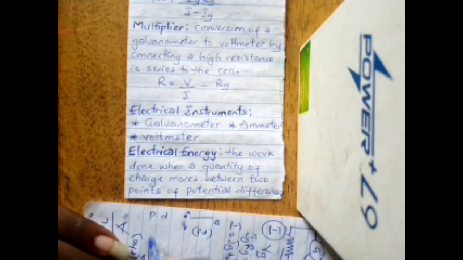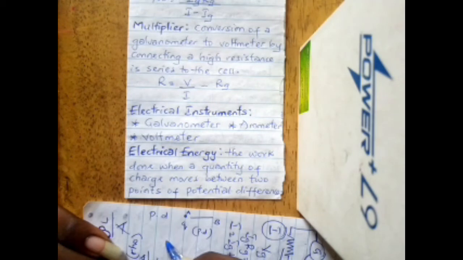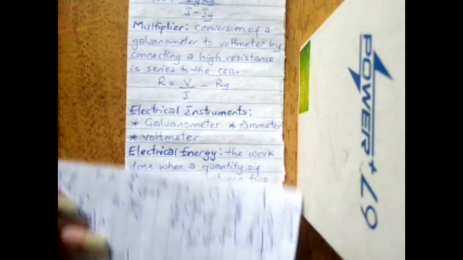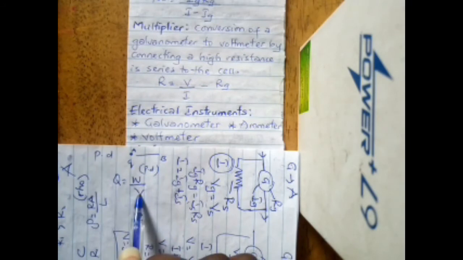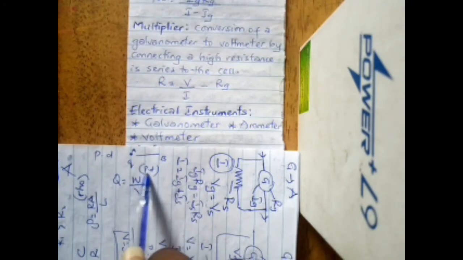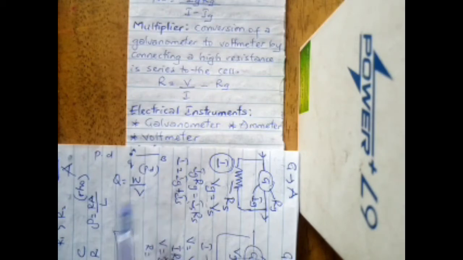So the relationship which is given as Q is equal to W over V. Now recall that the potential difference is work done in moving a unit positive charge.